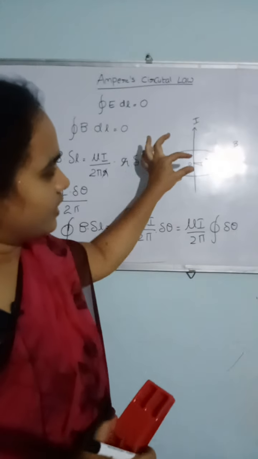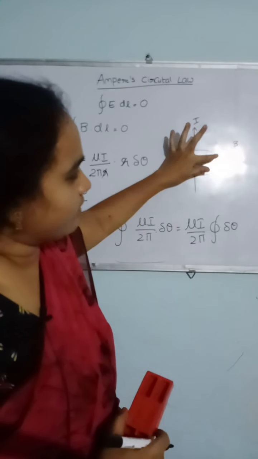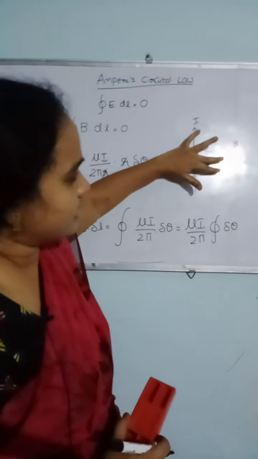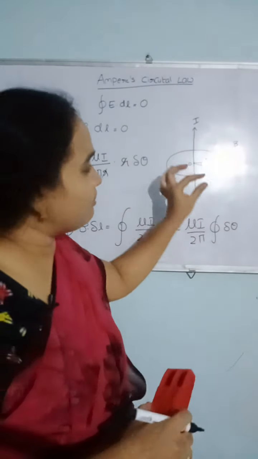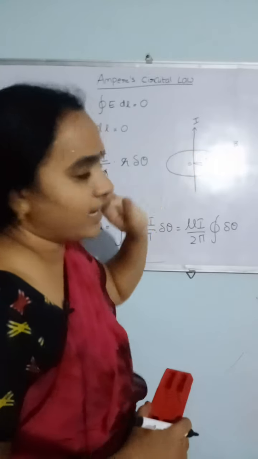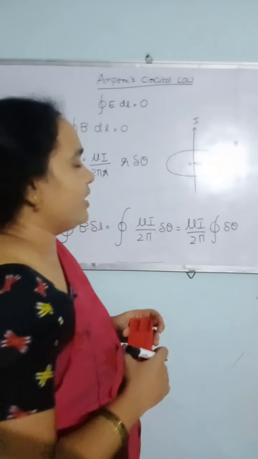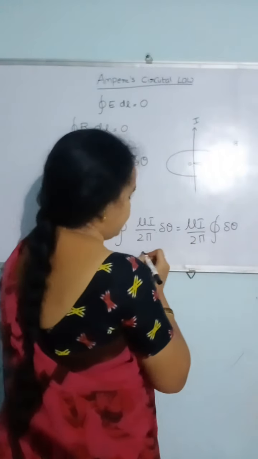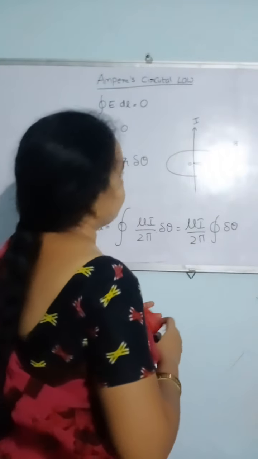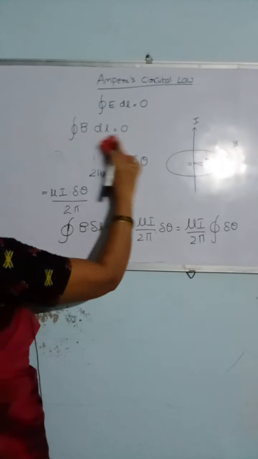If this small angle is repeated, this angle, next this angle, the total circle is 360 degrees, then we will get the total circular path, that is the closed integral of delta theta.